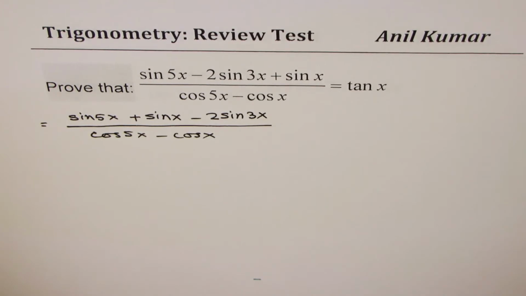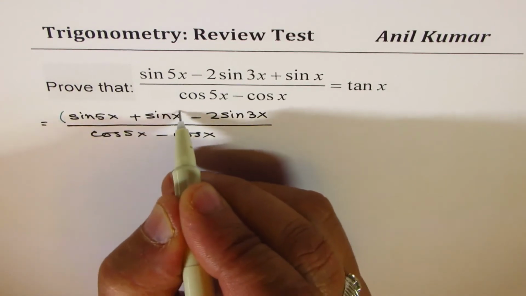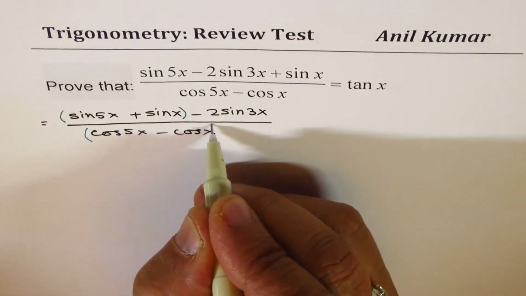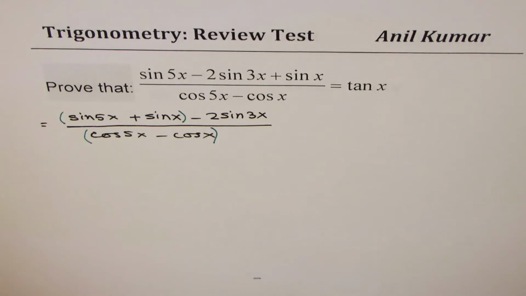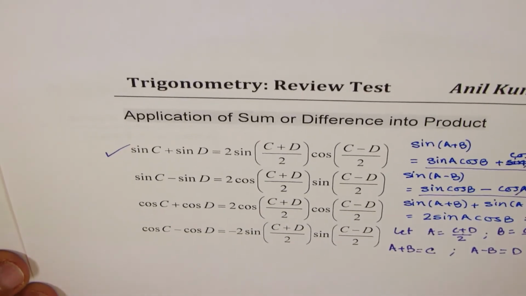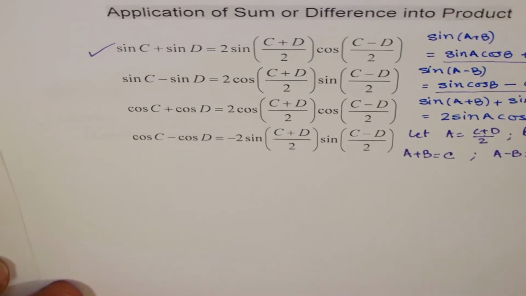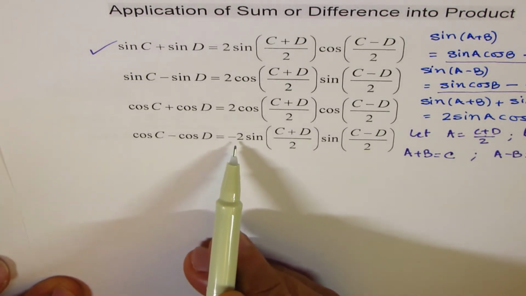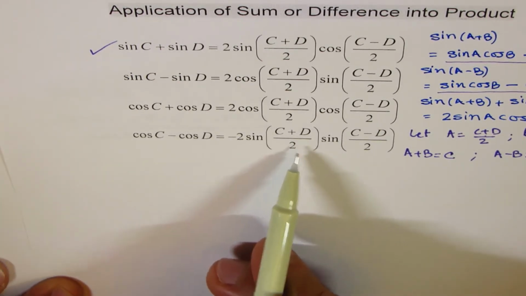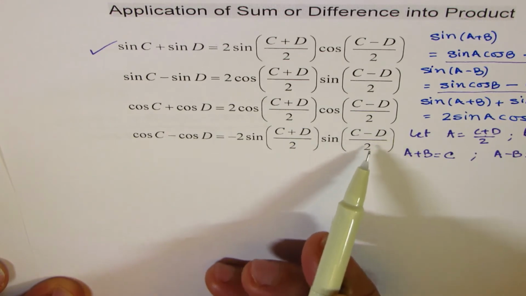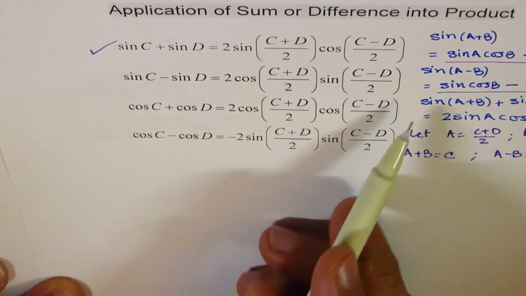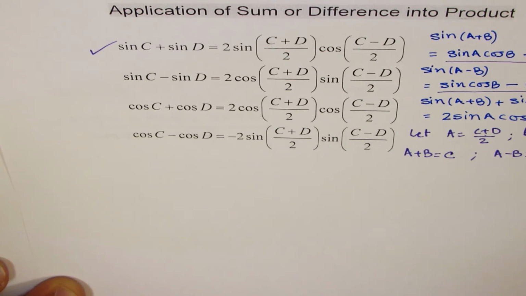Now as you can see here, we have a sum in the numerator and a difference in the denominator, so we could apply the formulas which we have learned. Sum of sines is the very first formula, and difference of cosines is this formula, right? Minus twice sine of sum divided by 2 times sine of difference divided by 2. We will not go through this derivation, as the solution will be very lengthy.